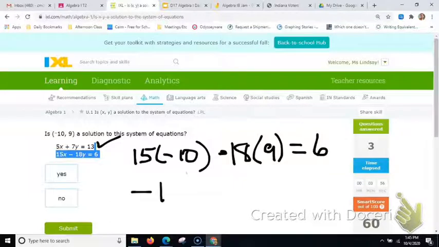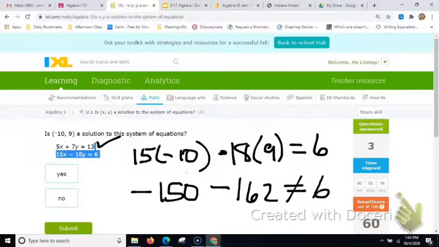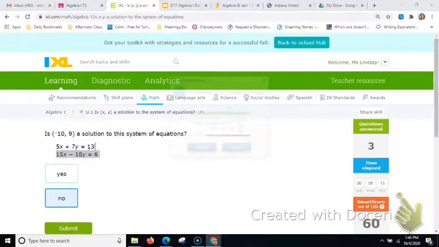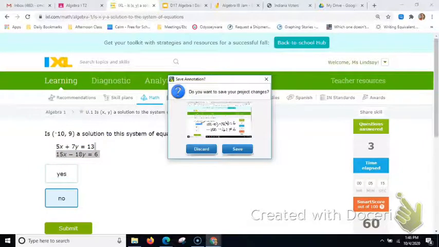Well, that's going to be a negative 150 minus, let's see, what is that? Negative 162, that is not going to be 6. So remember, your calculator may tell you what it is, but you just need to know if it's what this says is true or not. And so in this case, that second one is not true. It is not a solution.